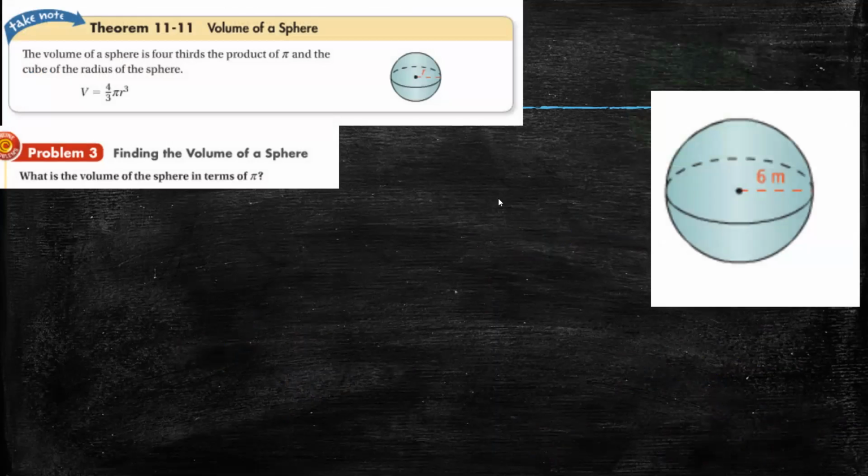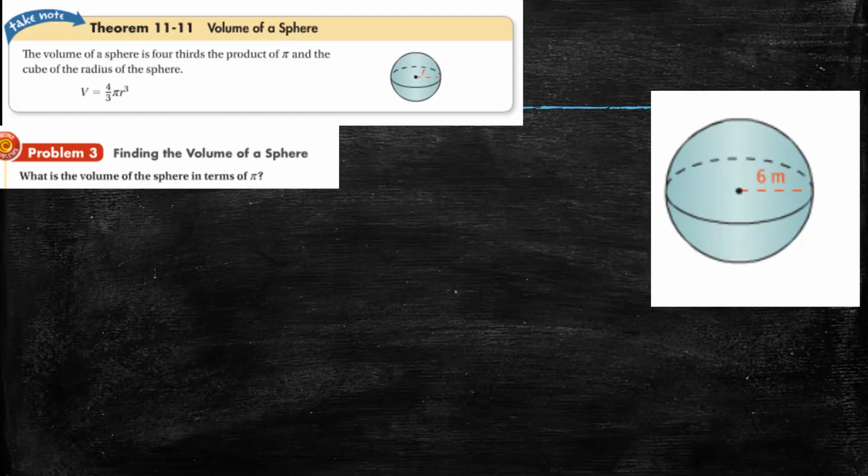Now, let's see how we can find the volume of the sphere. The volume of the sphere is 4/3 times pi times the cube of the radius, so it's 4 over 3 pi r cubed.